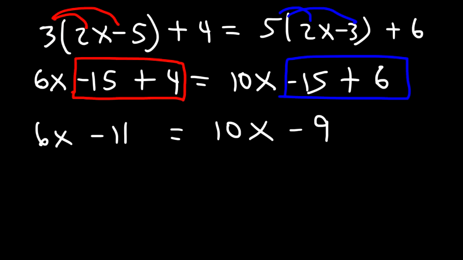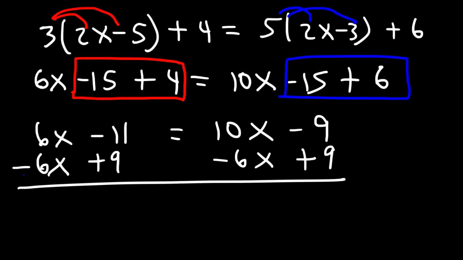So now what we need to do is move all of the x variables on one side of the equation and all of the constants on the other side of the equation. So let's subtract 6x from both sides. You can subtract 10x from both sides, and it can work as well. You can get the x variable on the left side by itself or on the right side by itself. Either way, you can still get the right answer. But now let's add 9 to both sides.